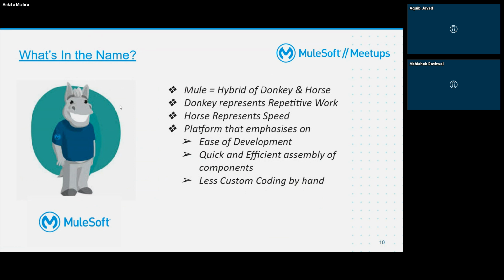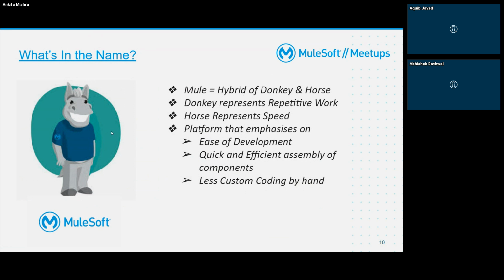We would like to spend our energy and efforts in creating innovative things rather than doing repetitive tasks again and again. And the horse represents speed: while you are innovating, while you are contributing to this ever changing IT ecosystem, you cannot compromise with speed. This was the Mule mantra of MuleSoft.